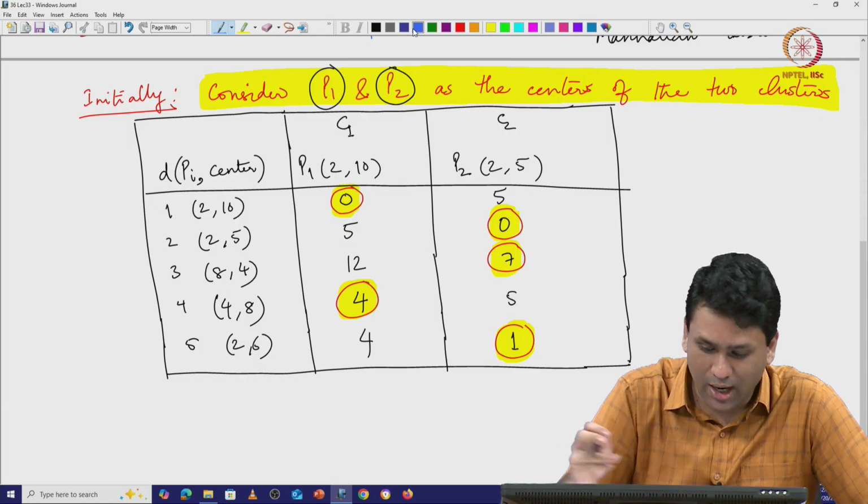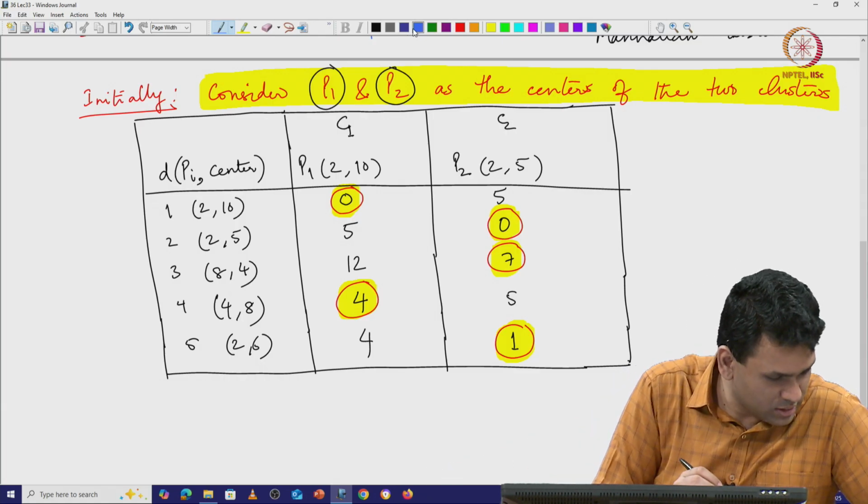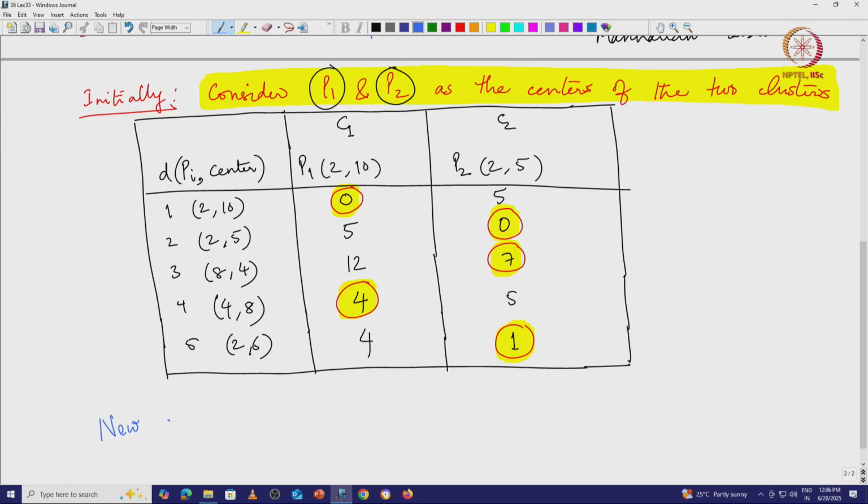So now we have to assume the new centers, right. So the new center is basically, C1 consists of point 1 and point 4. So we have to take the centroid based on these. So point 1 is 2 comma 10, and then point 4 is 4 comma 8.